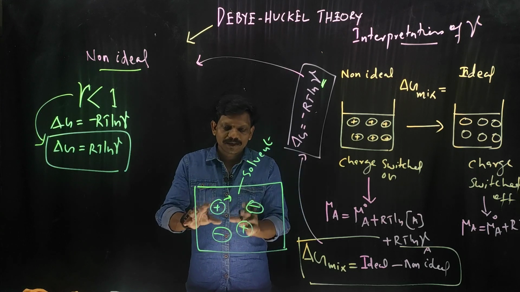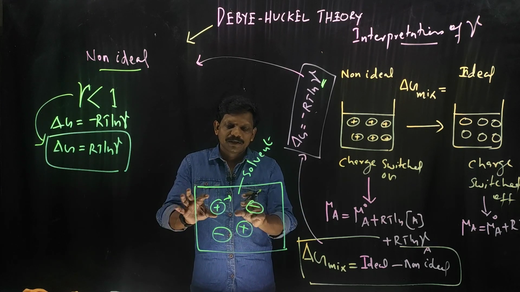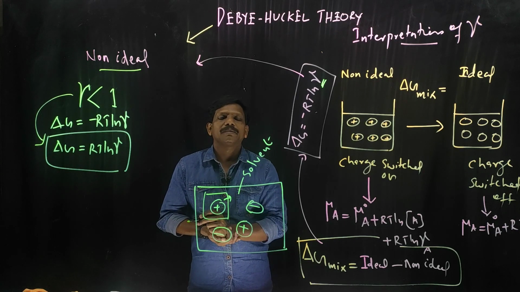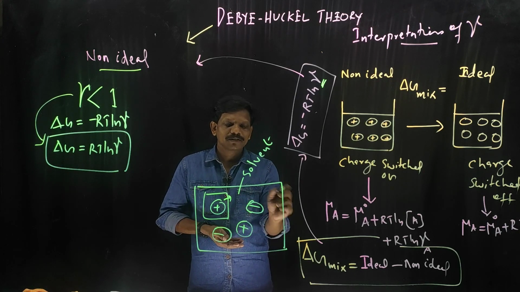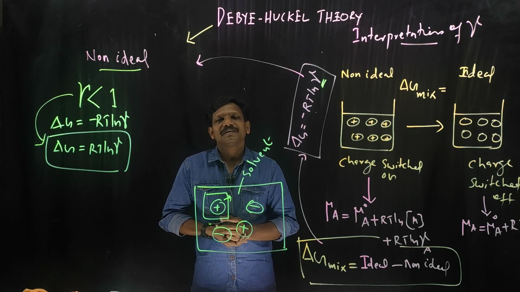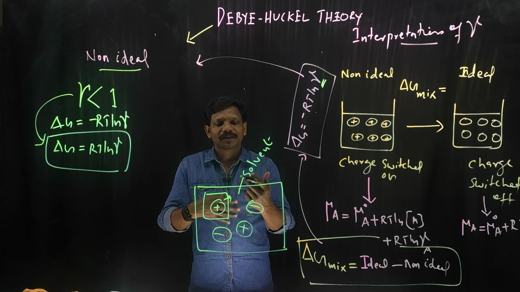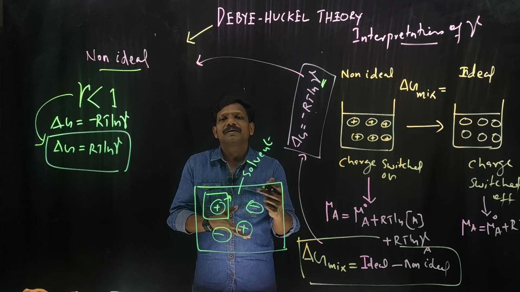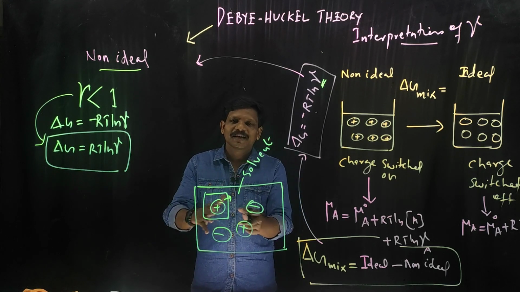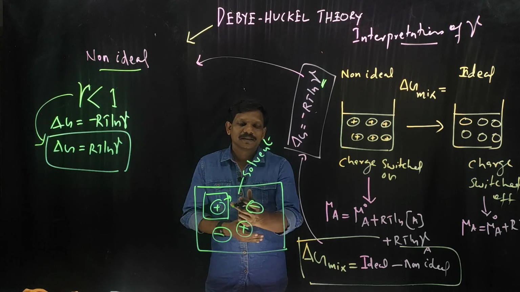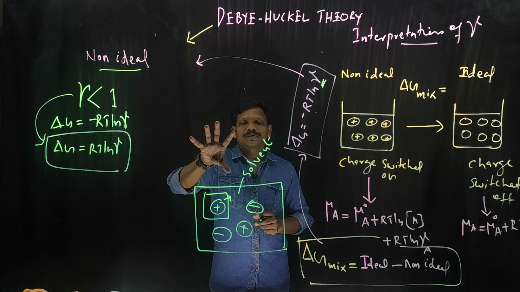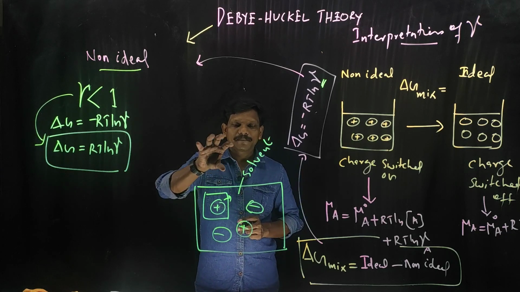Destabilization is due to the repulsion. But suppose you consider a particular positive ion, during its travel or motion, the probability of interaction with the opposite ion is more compared to like charges. That is the main reason for stability of this particular system.